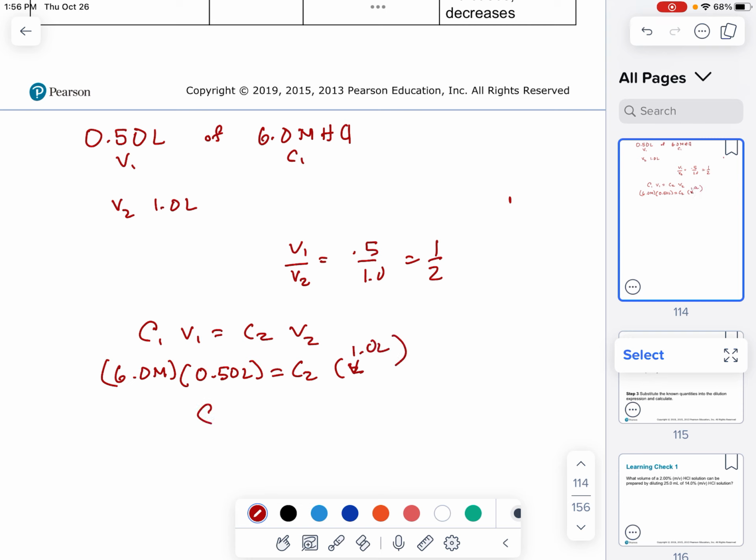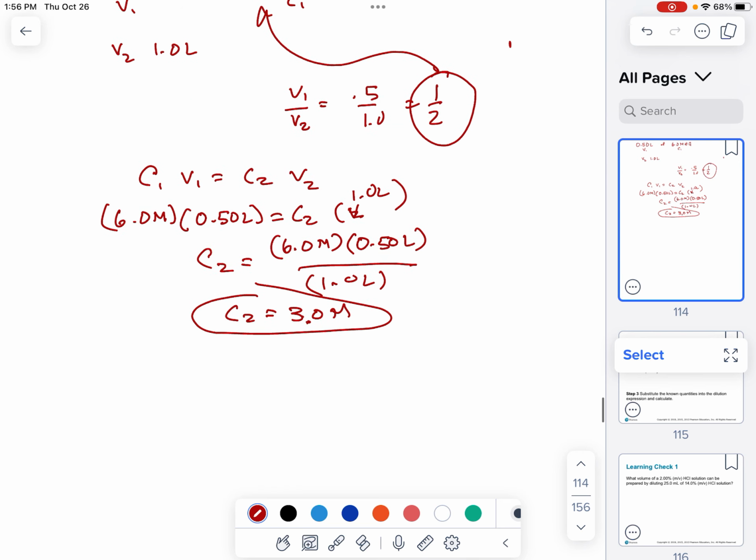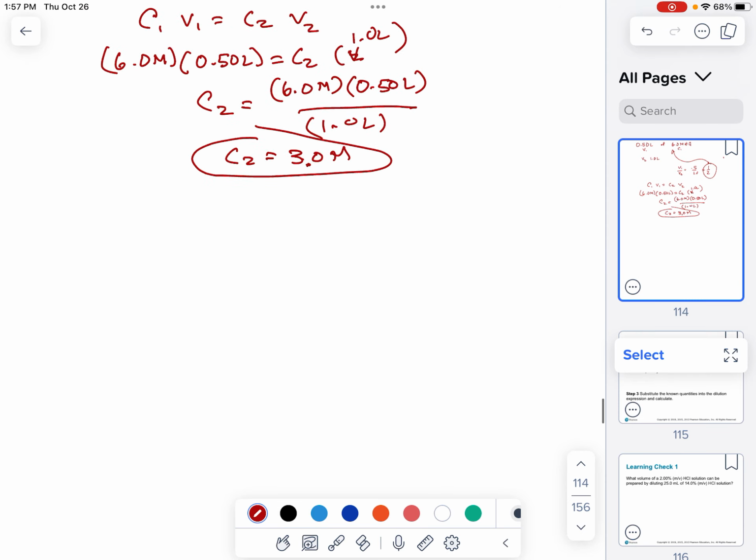So when we solve for this, it will be 6.0 molar times 0.50 liters divided by 1.0 liters. And that will be 3.0 molar, which is indeed half of what we started with. It's a handy equation, it's easy to remember, useful in lab.